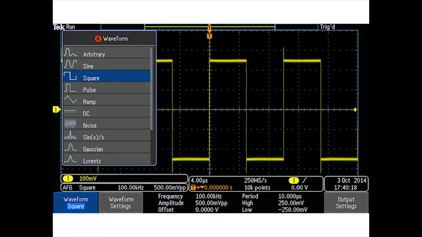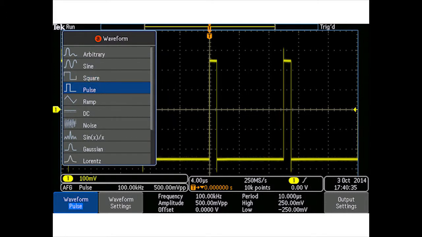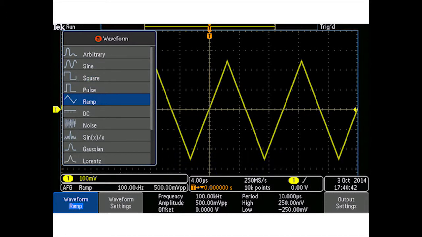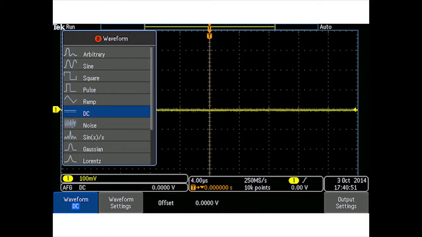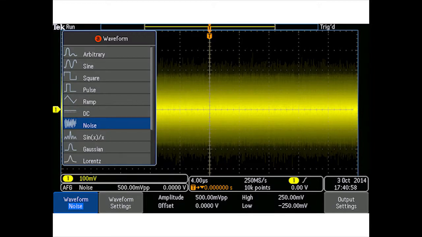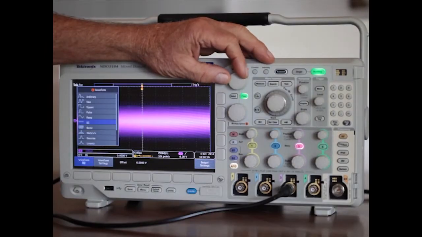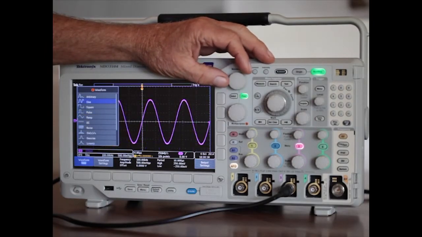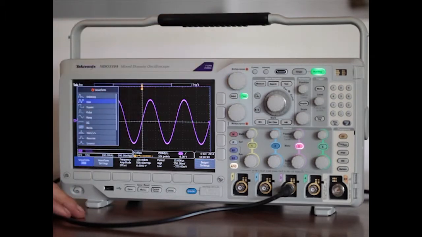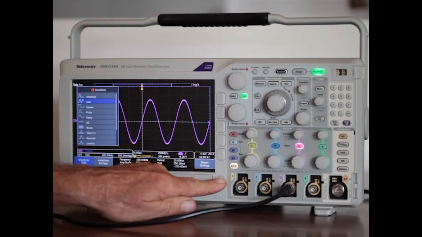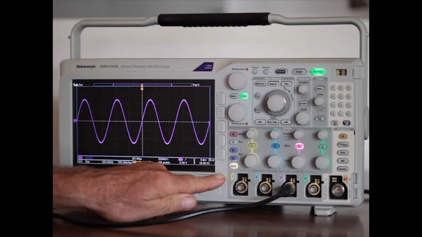That's a square waveform, and now we're looking at a pulse and a ramp, DC, noise, and so on. Let's go back to the sine. We can press menu off to get rid of some of these menus and clear the display.